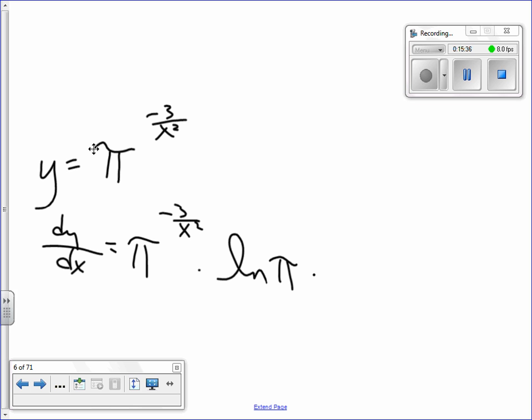So for the derivative of the exponent, instead of wasting quotient rule, rewrite it as negative 3 times x to the negative 2. And then the derivative would be positive 6. So you could write it as 6 over x cubed or 6x to the negative 3 for that part.